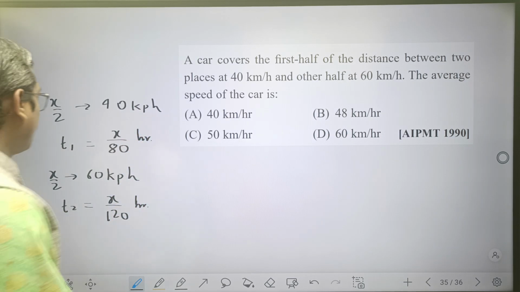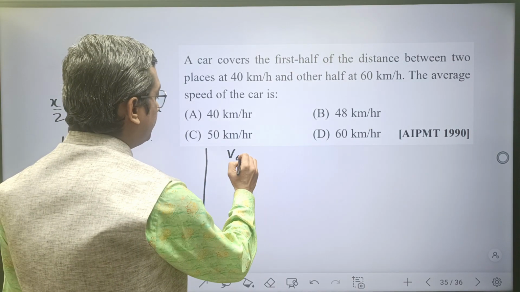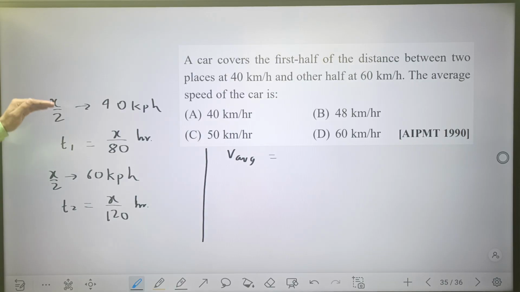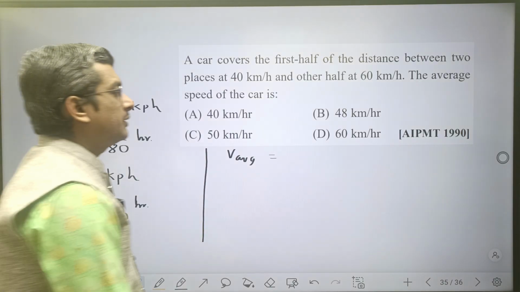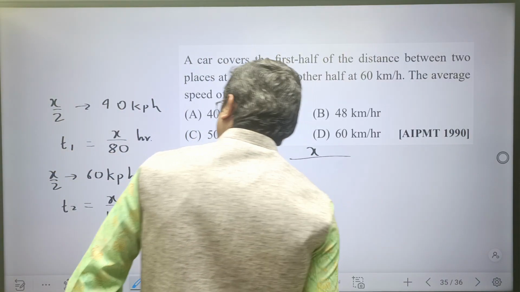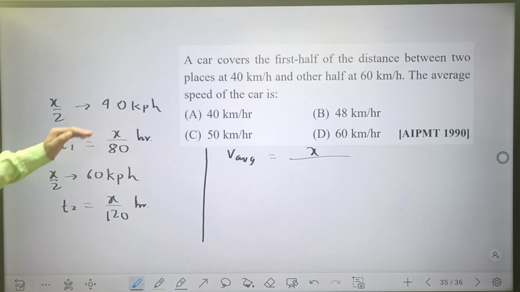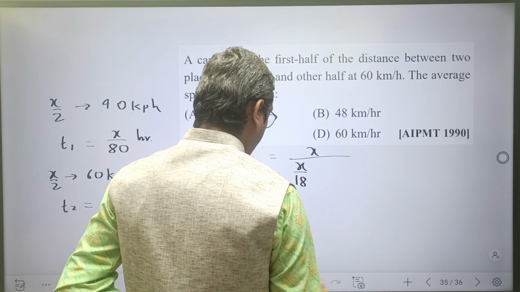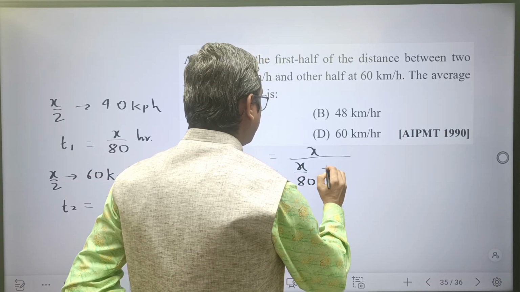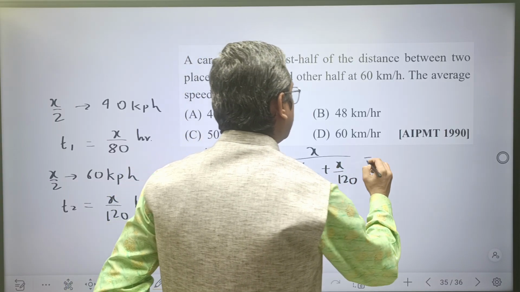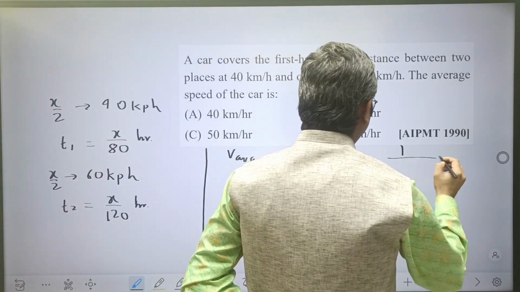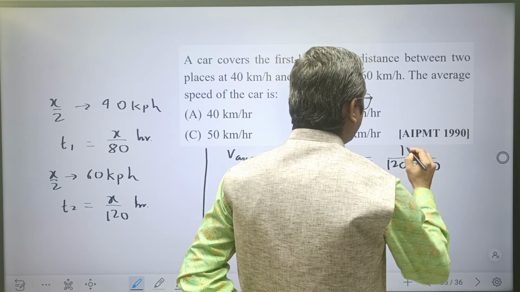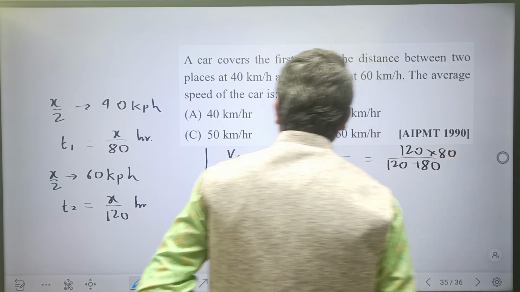So the average speed of the car is v average equal to total distance by total time. With x by 2 and x by 2, the total distance becomes x, and the time is t1 plus t2, that is x by 80 plus x by 120. Taking x common from numerator as well as denominator, this will be 120 plus 80 over 120 into 80.